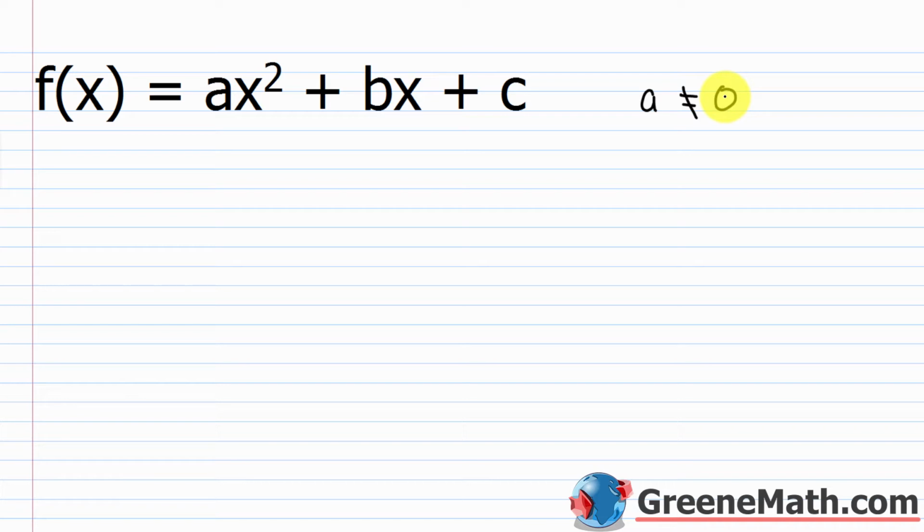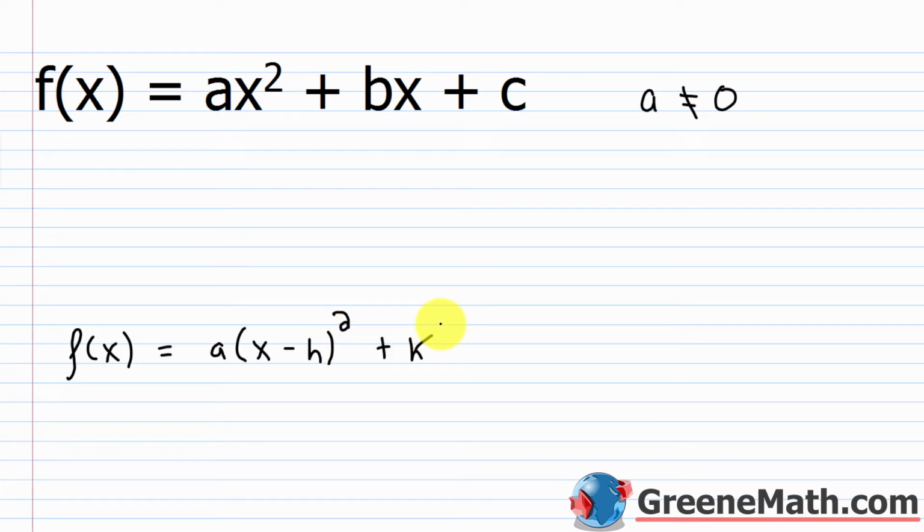Now, in the last lesson, I talked to you about the vertex form. So vertex form looks like this. It's f of x is equal to, you have a times the quantity x minus h, this is squared, and then plus k.